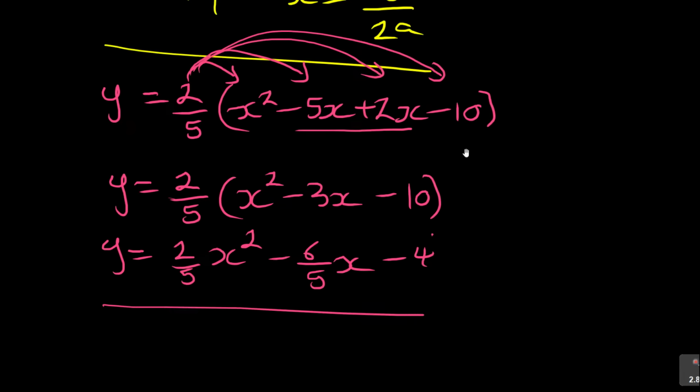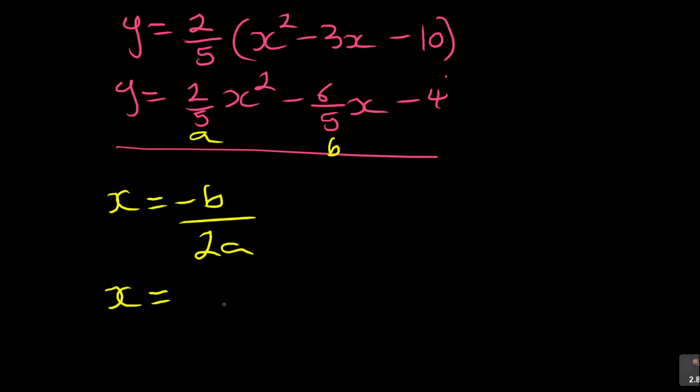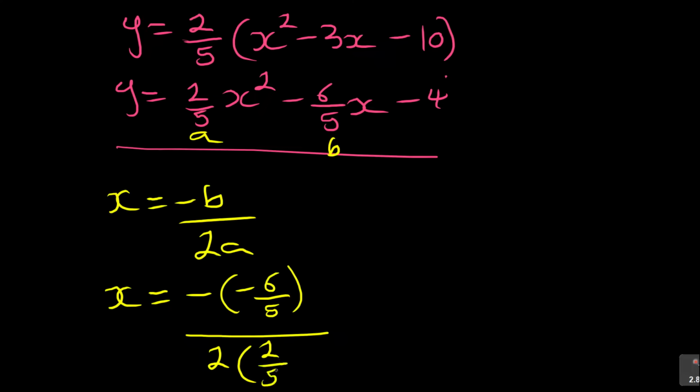Remember though, I said at turning point, x is equal to minus b over 2a. This is a, this is b. So minus b is bracket negative 6 over 5, then all over 2a, it's 2 over 5.